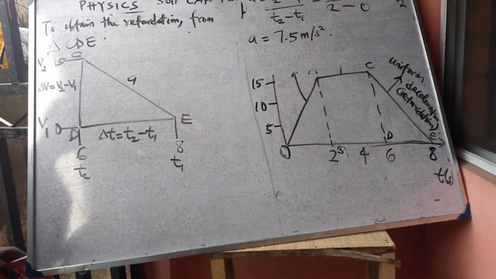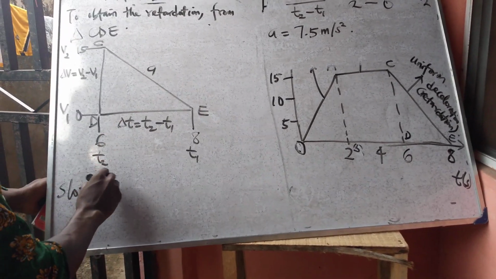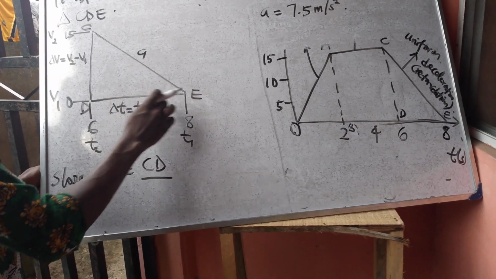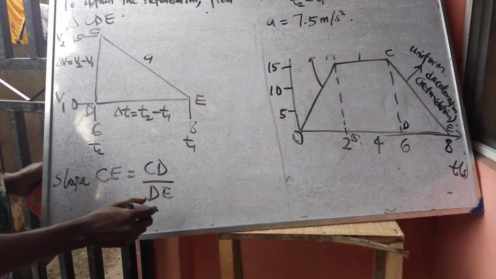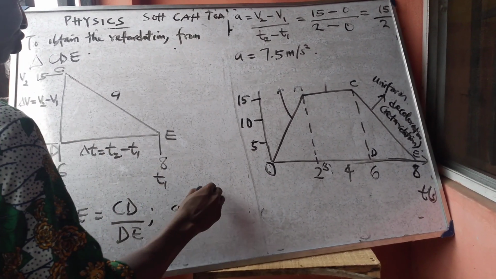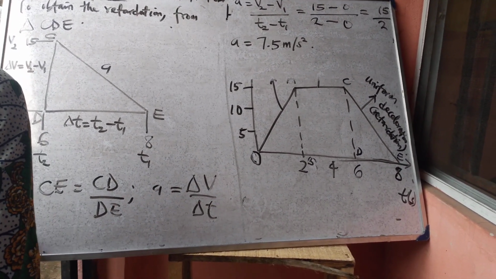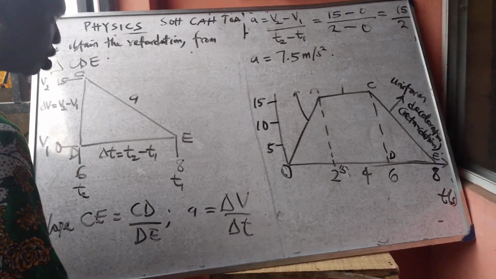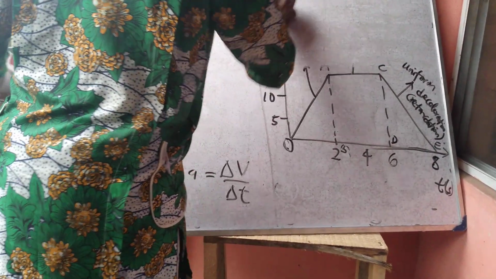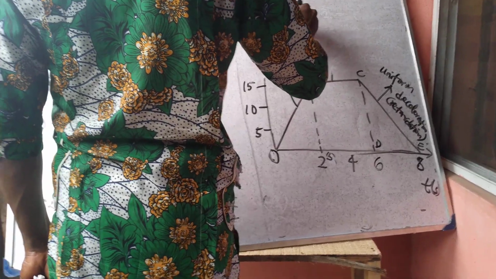So the slope CE equals the vertical component CD over the horizontal component DE, which is A equals delta V over delta T. A becomes V2 minus V1 over T2 minus T1.